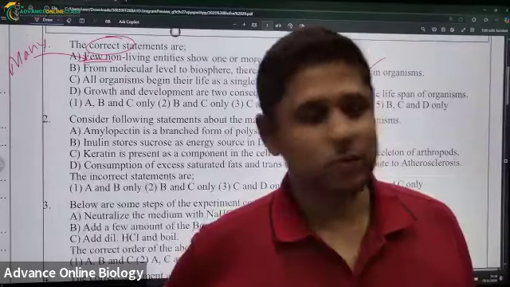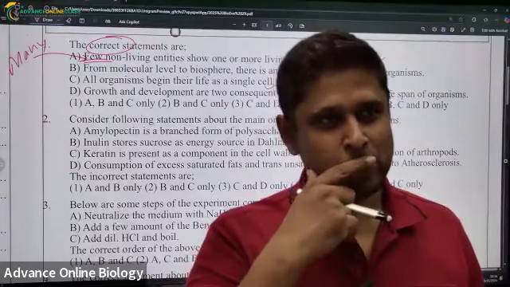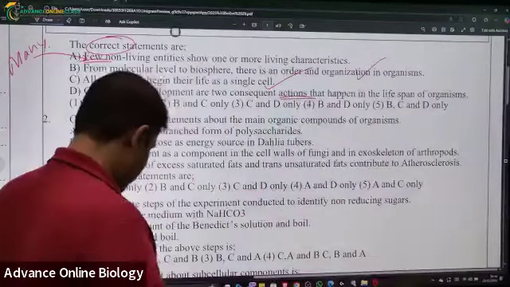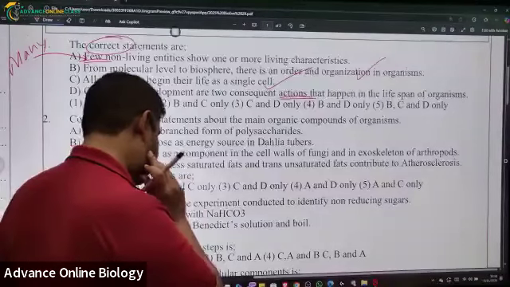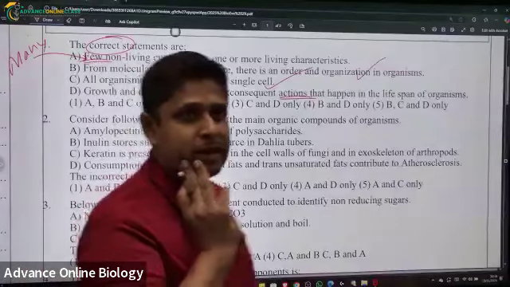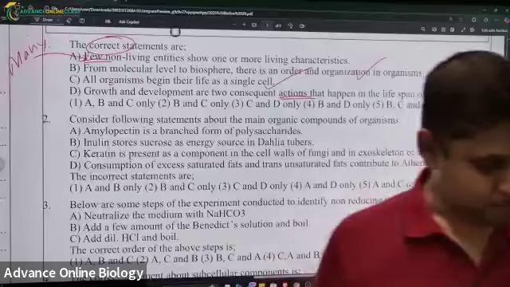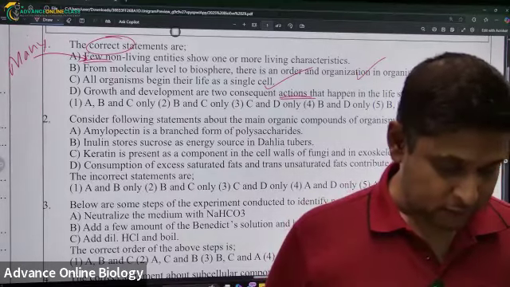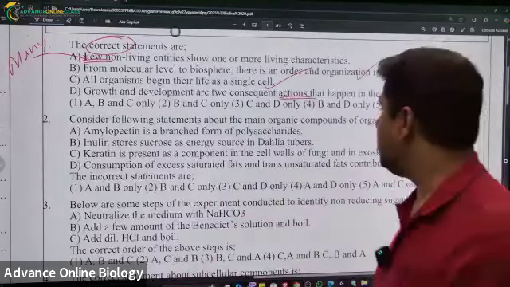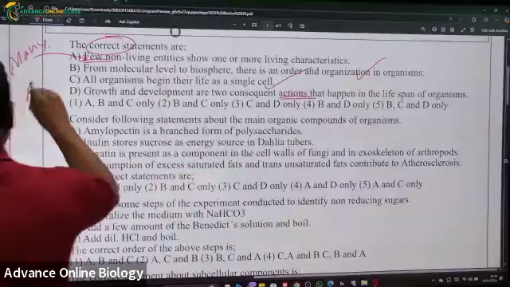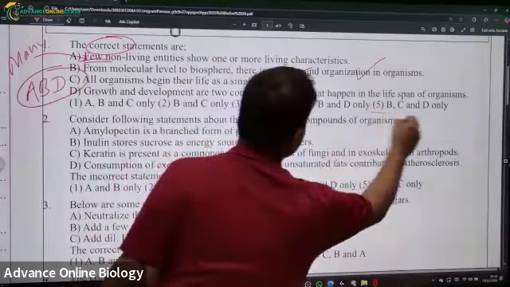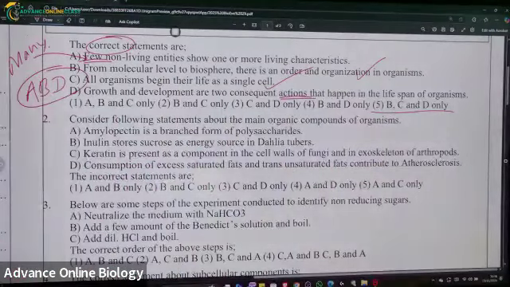An action process is something which happens continuously. I can't take statement D as wrong, so I'm taking that as a correct statement. So how about taking A, B, D as answers? A, B, D. Fifth one is the answer.